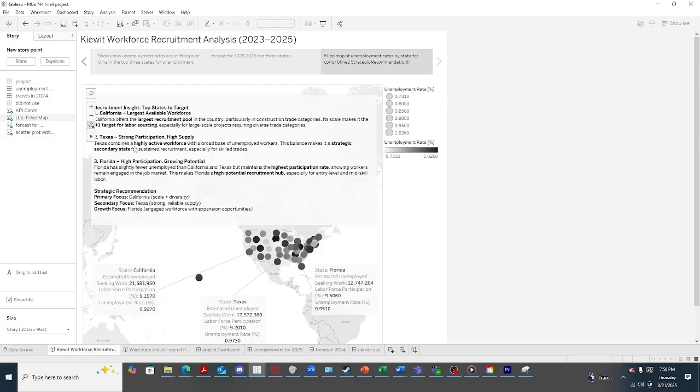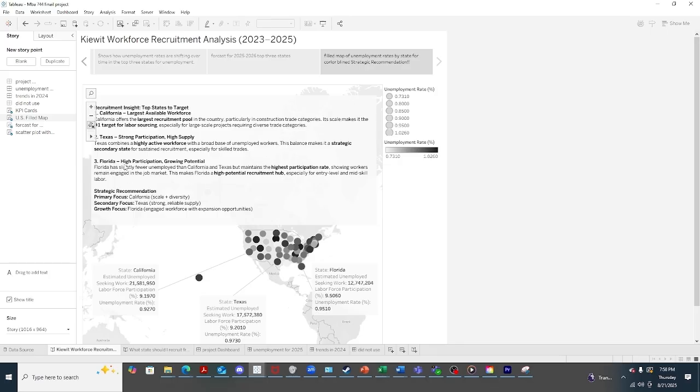Texas combined a highly active workforce with a broad base of unemployed workers. This balance makes it a strategic secondary state for sustained recruitment, especially for skilled trades.